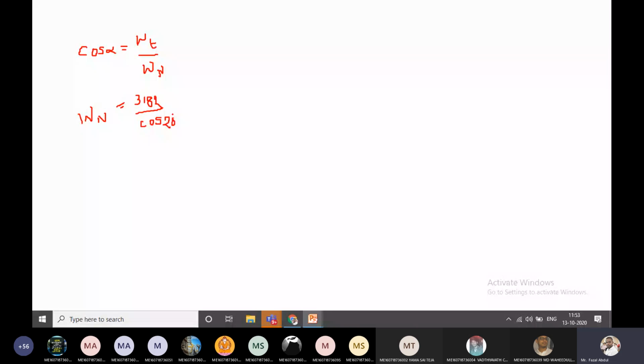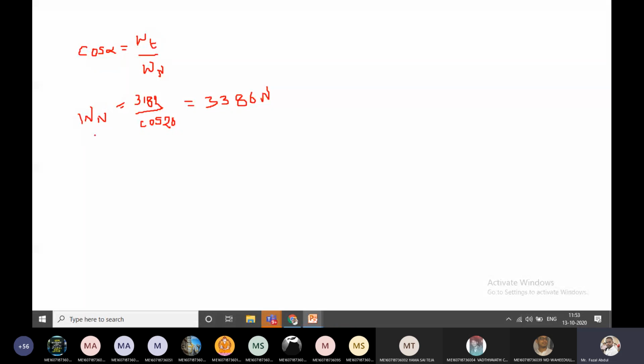Tell me the value of normal load acting on the gear. 3386. Very good. 3386, not 3.86, 3386 newtons. Very good.